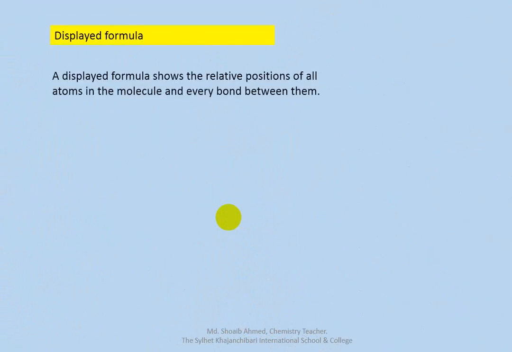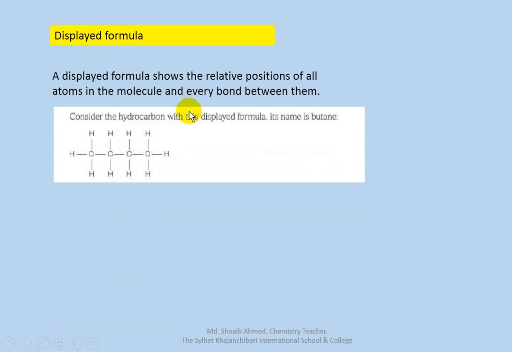In a displayed formula, we show the relative position of all atoms in the molecule, and every bond is shown. Like this is the displayed formula of butane. All bonds are shown: carbon-hydrogen bonds and carbon-carbon bonds.